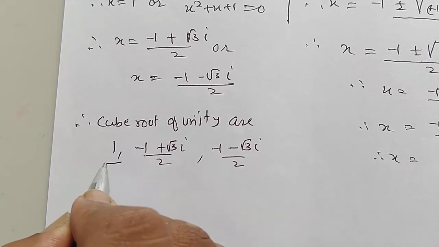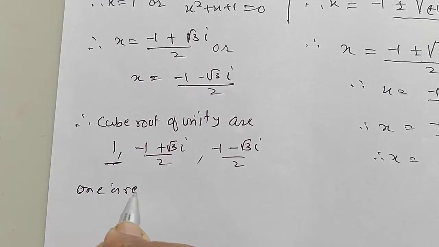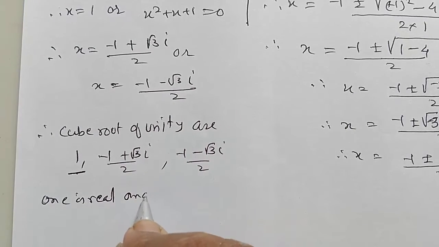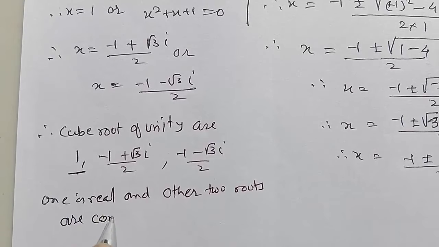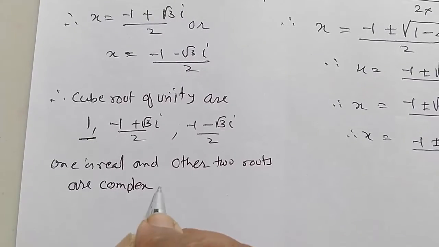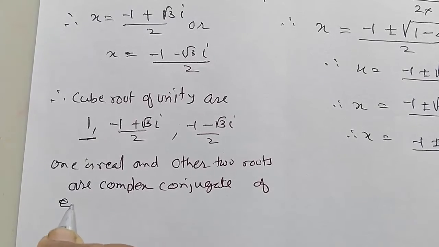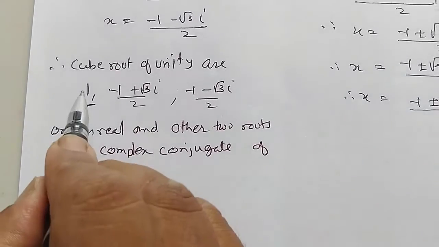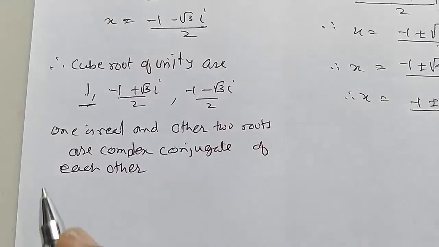The first one is real, and the other two are complex conjugates of each other.